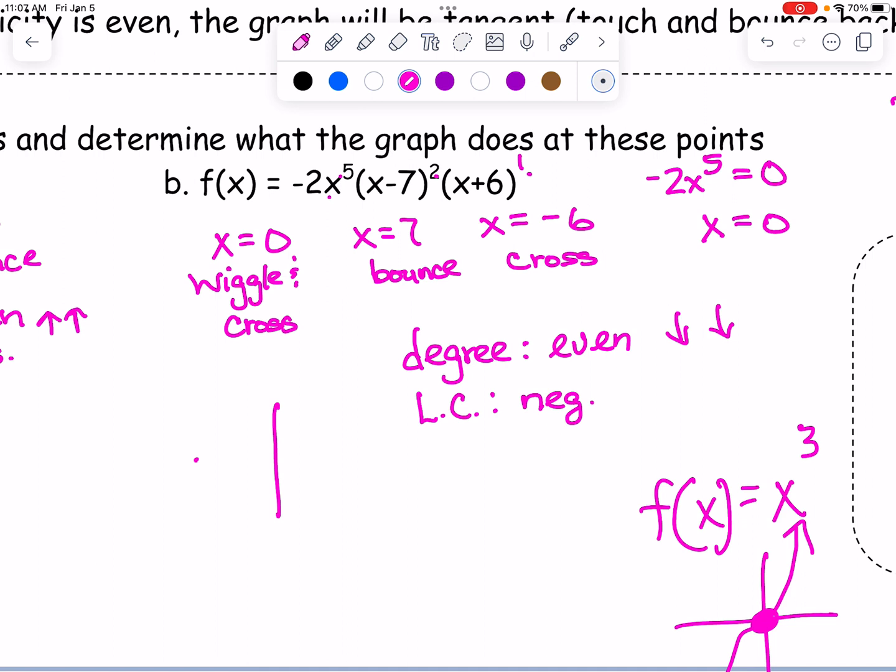So this would be 0, 7, negative 6. So if it's facing down, it's coming from the bottom first. It's going to bounce or cross at negative 6. It is going to wiggle and cross at 0, and it's going to bounce at 7. That's our graph.